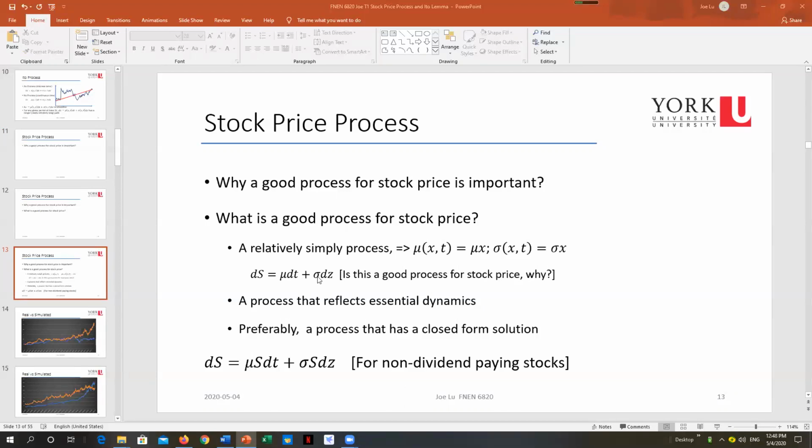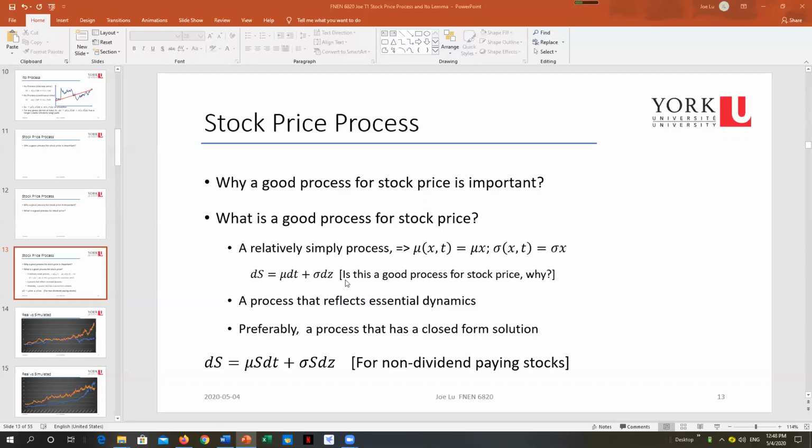You may want to pause and think about it, because the answer to this question is that it is not a good process for stock. And the reason for that is, if you look at this one here, this process allows the stock price to be negative.